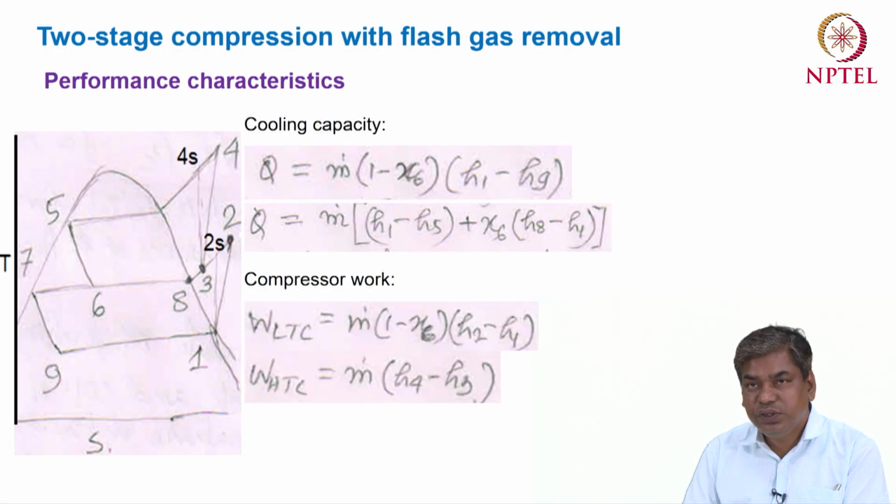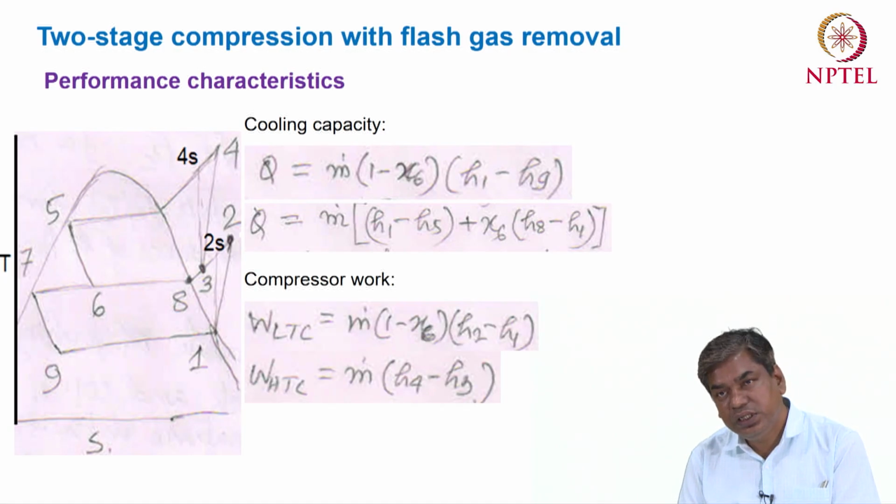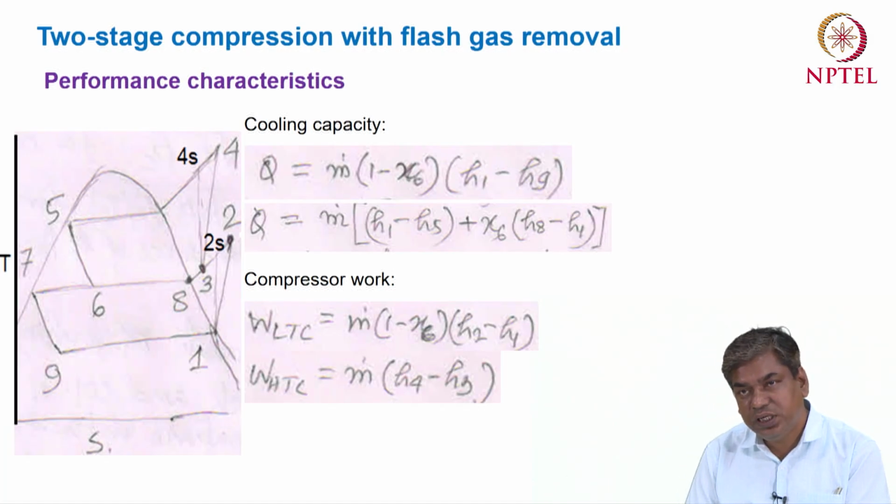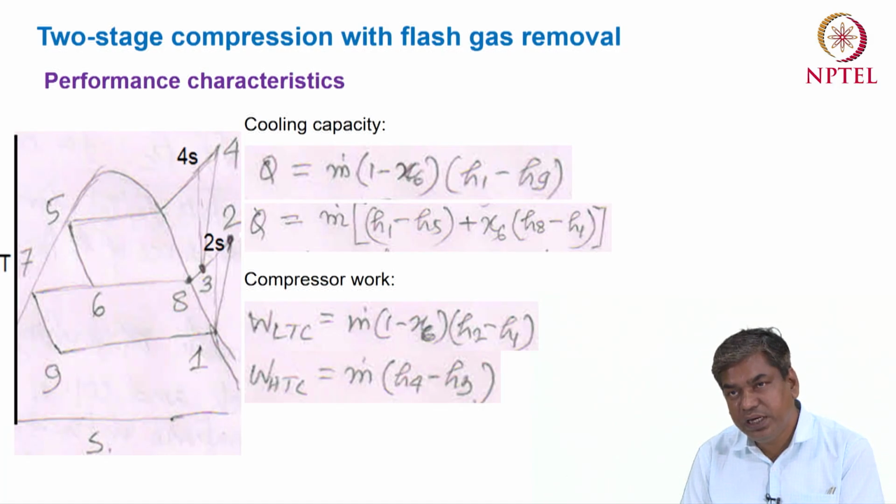Then if you look at the compressor work, for the first compressor the work is m dot into 1 minus x6 into h2 minus h1, and for the second compressor it is m dot into h4 minus h9. If you consider the same mass flow rate m dot for the basic cycle as well as this modified cycle, then m dot into h4 minus h9 will be similar.